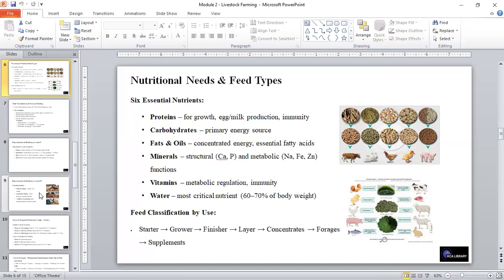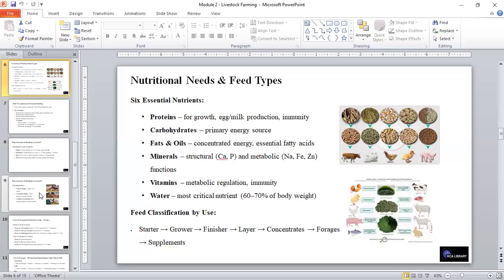Fats and oils are needed to give energy and essential fatty acids. Minerals help in structure and metabolic activity, and vitamins are good for metabolic regulation and immunity. Lastly, water. Water is very critical in digestion and in other ways.